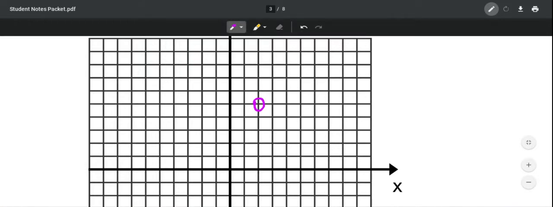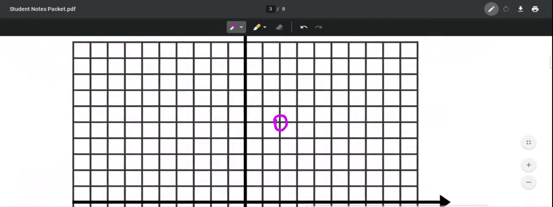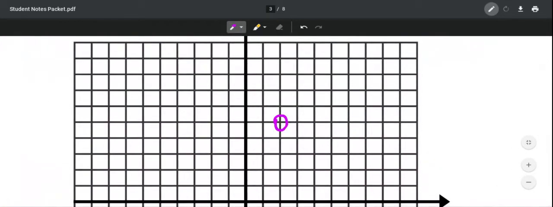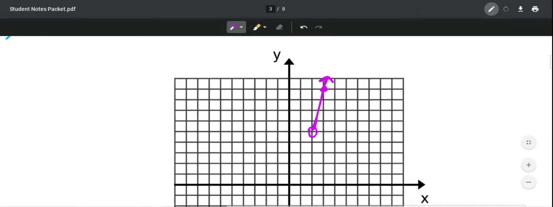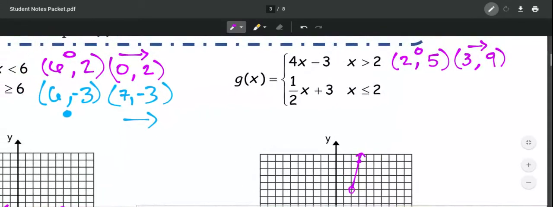And then, what was it? 3, 9? Yeah. So 3, 9, 3, 1, 2, 3, 4, 5, 6, 7, 8, 9 is where the arrow goes. So that's my first piece in my piecewise function.